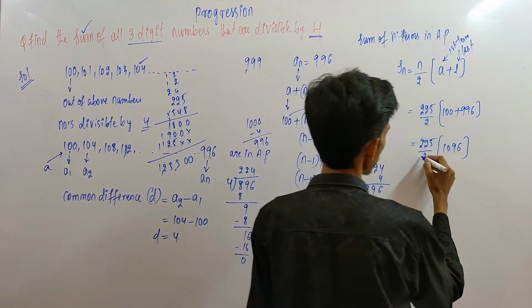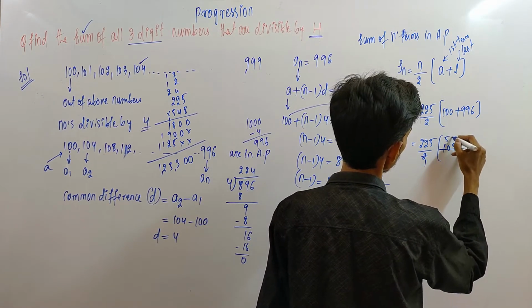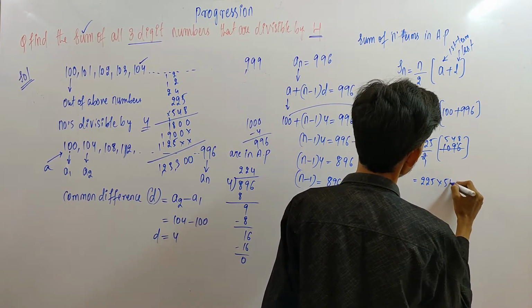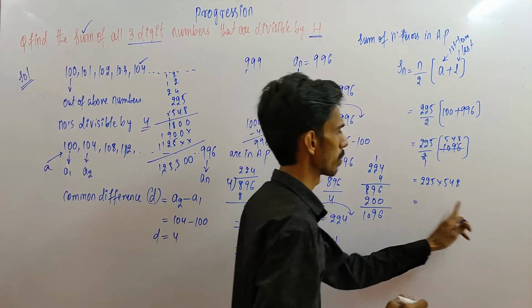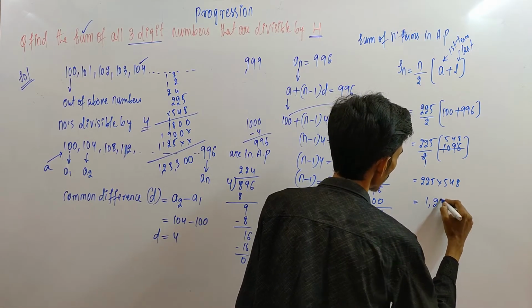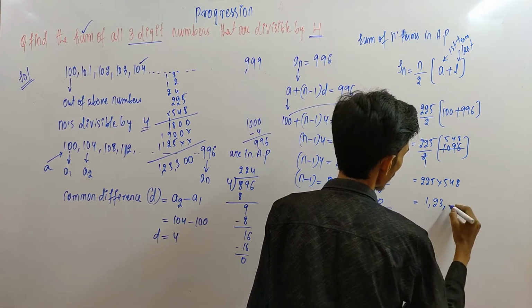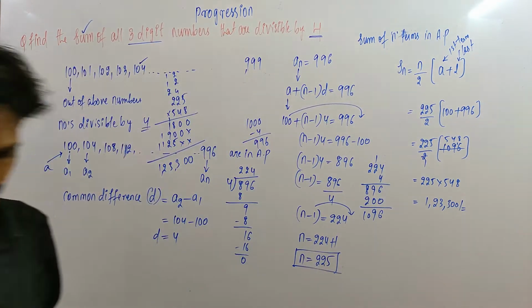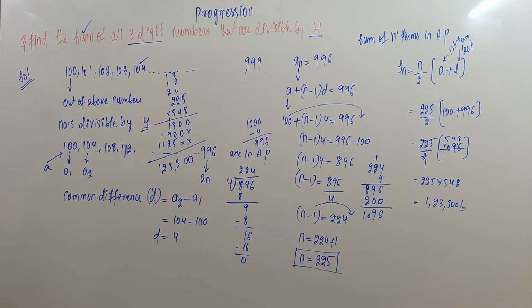Now cancel this, and we get 225 into 548. This multiplication will give you 1,23,300. Same answer that we obtained by the different formula.